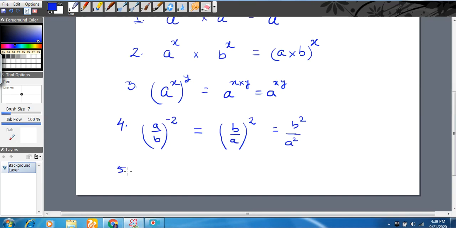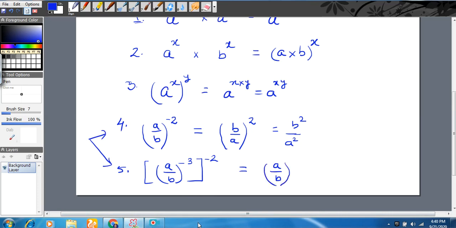Okay, now one more thing, suppose you face negative exponents, suppose the base is a upon b, the exponent is minus 3, and again the exponent of this whole expression is minus 2. So we will apply the same concept as we did in the fourth part. Keep the base as it is and multiply the exponents.